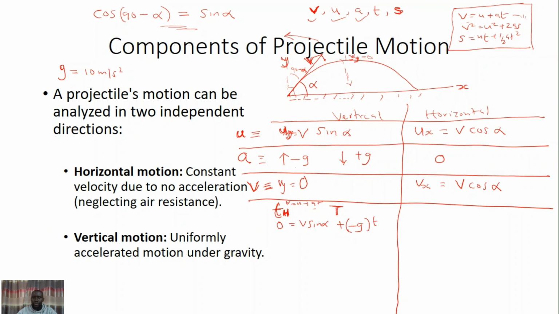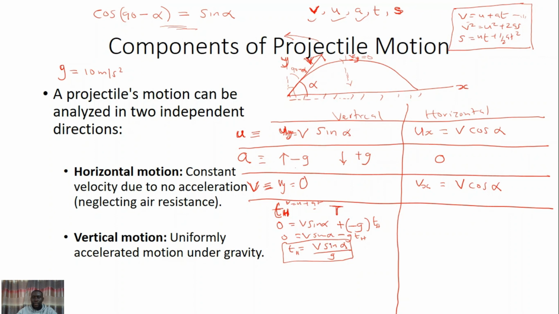So this will be equal to v sine alpha minus gt, and that is equal to 0. If we bring this to this side, our final calculation will be t, the time to reach the maximum height, which is th. The time to reach the maximum height will be equal to v sine alpha divided by g. So this is the time to reach the maximum height, th.